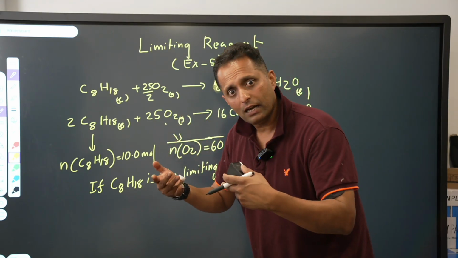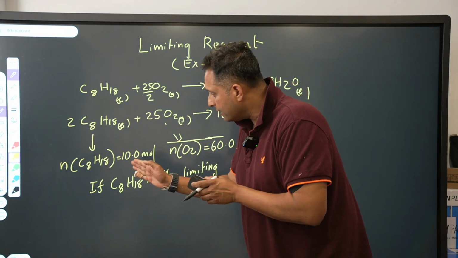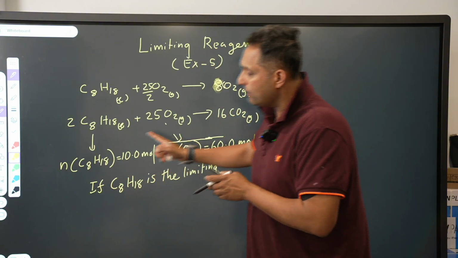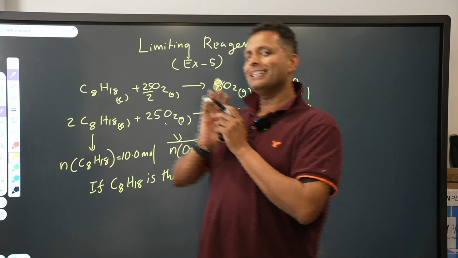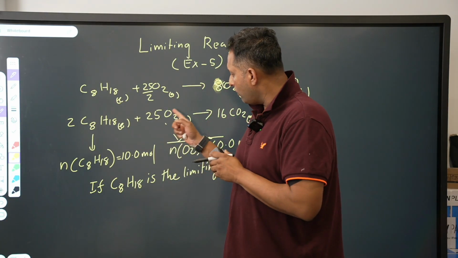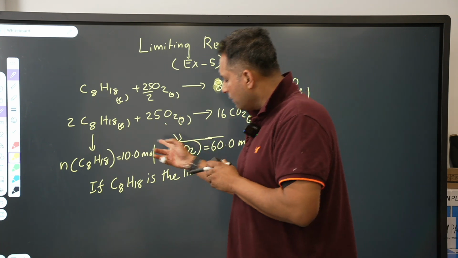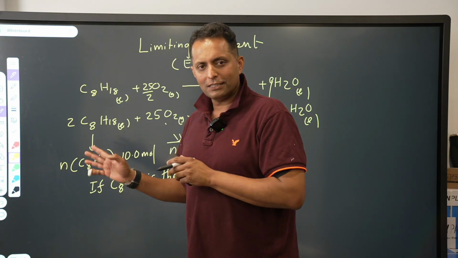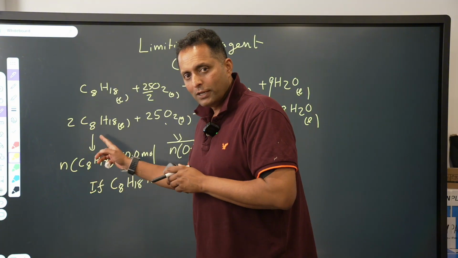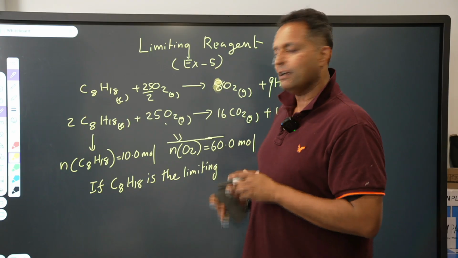Then let's find out how much oxygen we need if the 10 moles of octane are consumed first. In other words, we are trying to find the number of moles of oxygen that will be consumed with 10 moles of octane. So this is our known. Now we need to find the number of moles of oxygen, which is our unknown.